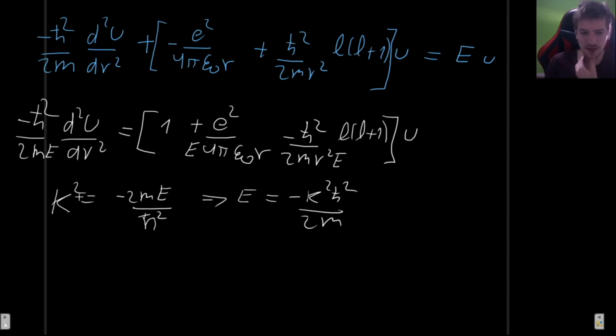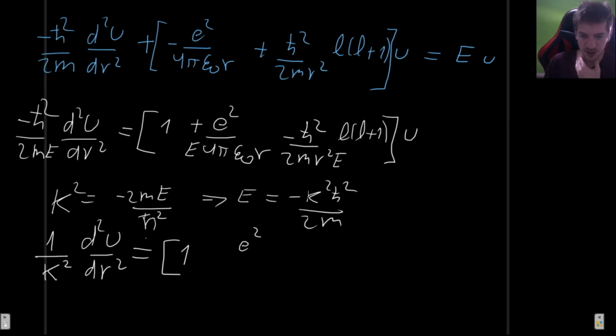So now let's use the substitution in this equation. So minus h bar squared divided by 2m is actually 1 over this quantity right here. So it's just 1 divided by k squared, d squared u dr squared. And this is going to be equal to, well, the 1 will still just be 1. Here we get this e squared.